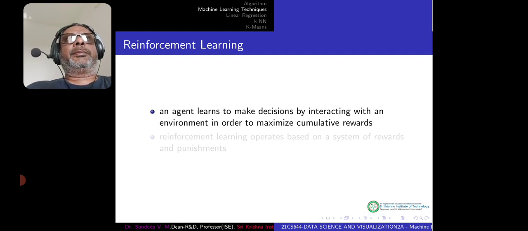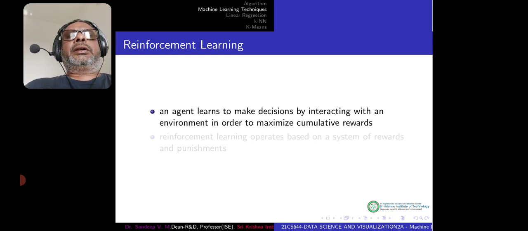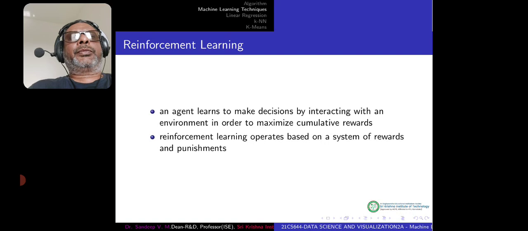There is an environment, and the agent will make some attempts, and because of these attempts, either it will get a reward or a punishment, and depending on the activities, it in future tries to repeat those actions which give better rewards and tries to avoid the activities which give it punishments. So that is the basic concept of reinforcement learning.